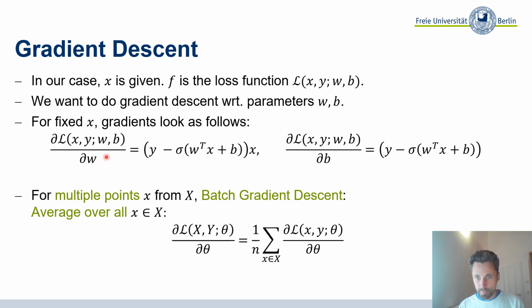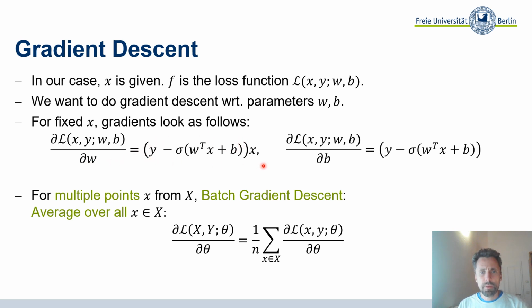And those terms are given by these expressions. I'll show you a link in the description of the video that points you to a derivation of this. For now, you can just believe us. So this gives you, for a given x and the current parameters w and b and the labels, an expression of how to change. And we go minus this direction in our parameters.